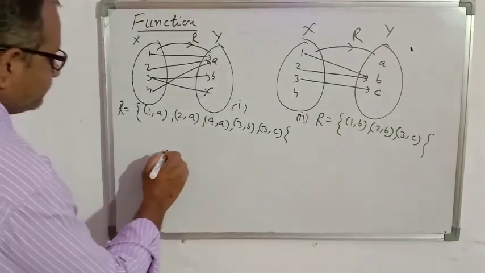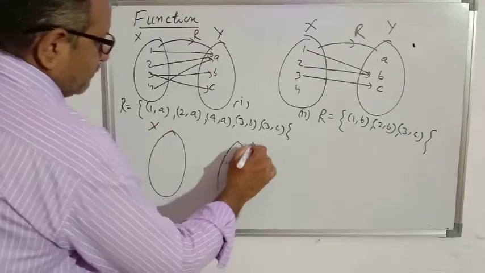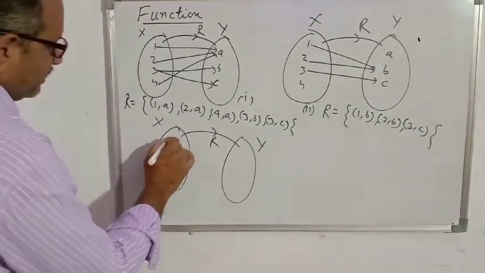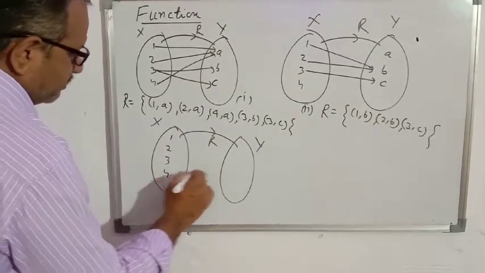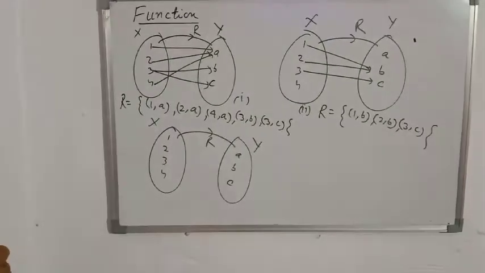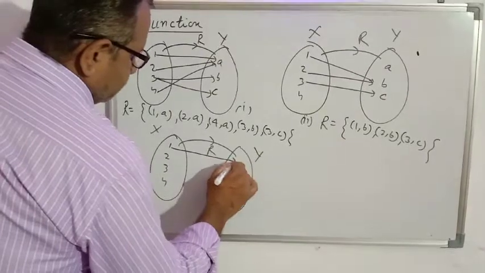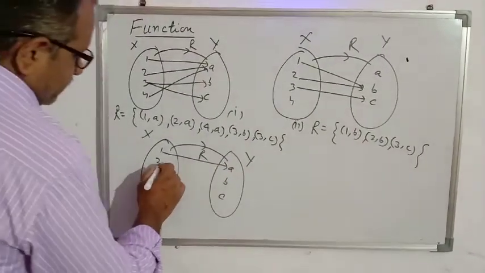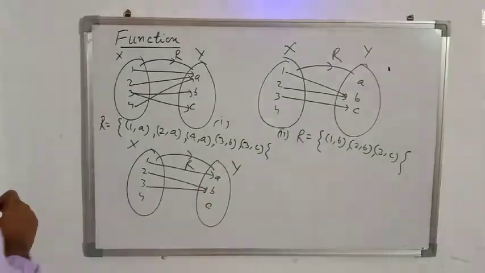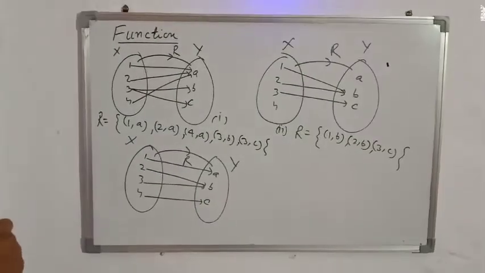Let us see the third one. Set X, set Y. A relation is defined from set X to Y. Elements are 1, 2, 3, 4. Y contains 3 elements a, b, c. Suppose 1 is connected to a, 2 is connected to b, 3 is associated to b, 4 is connected to c.